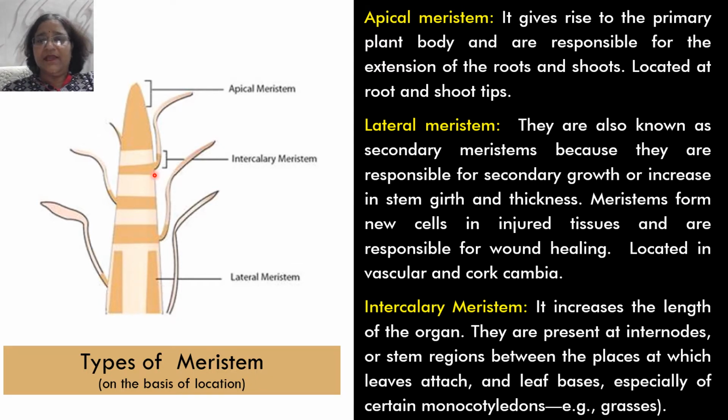While the intercalary meristems are present in between the regions where the leaves arise. So this is the node, this is the internode portion, and the meristem is present at this position, and it causes the increase in the length of the internodal portion.